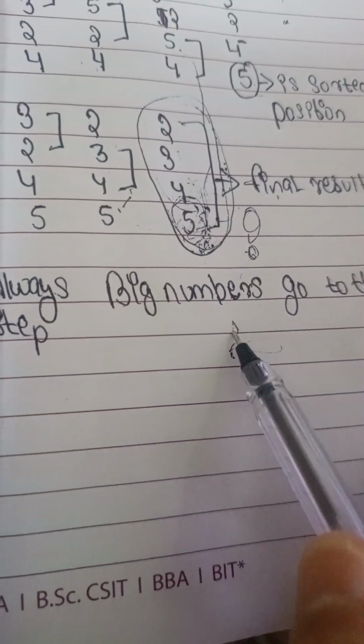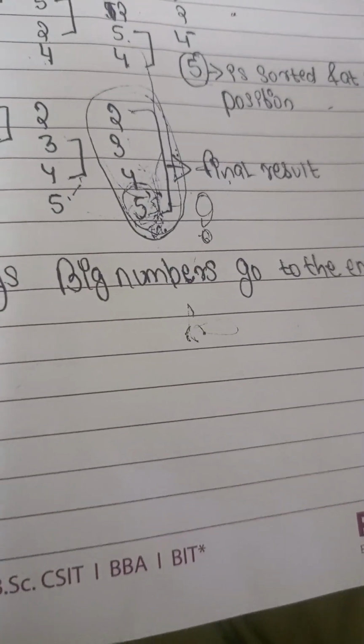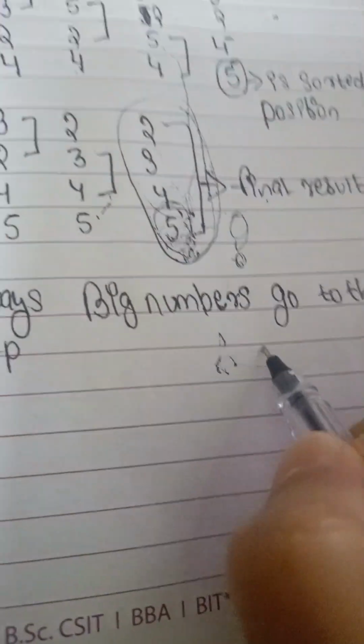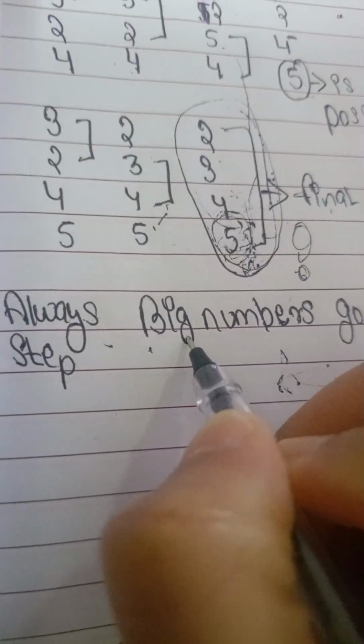The bigger one will go at the end, and the smaller one will go at the top. So let's see our full example in VS Code.